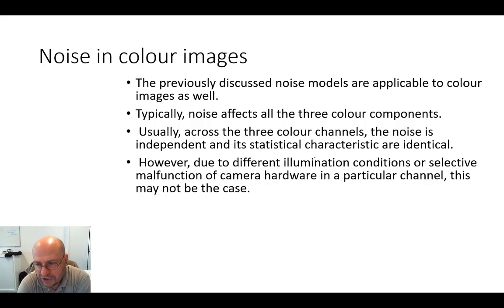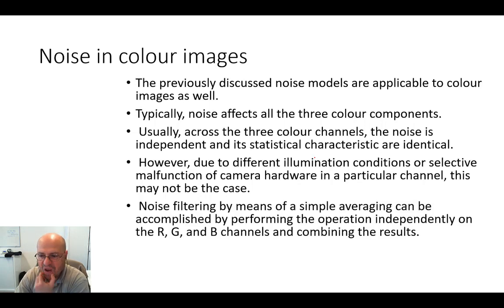However, due to different illumination conditions or selective malfunction of the camera hardware in a particular channel, this may not be the case, so it's always good to investigate all the channels that we have.